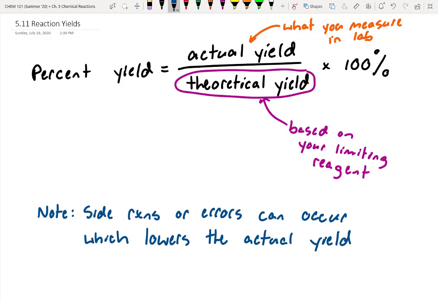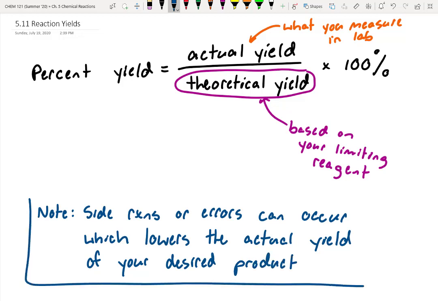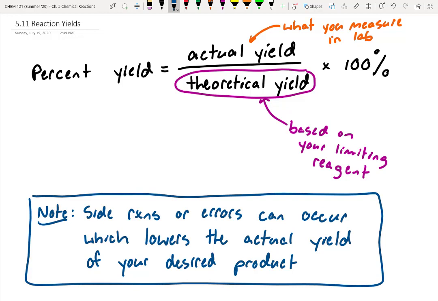So this lowers the actual yield of your desired product. And that's one important part of being a chemist, is trying to identify inefficiencies in your reaction. That way you can improve upon them later.